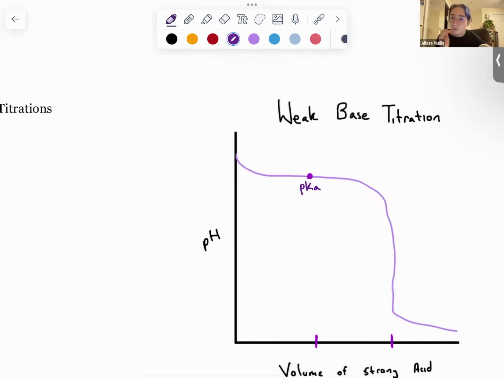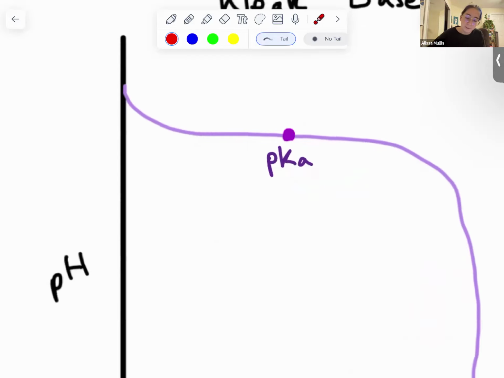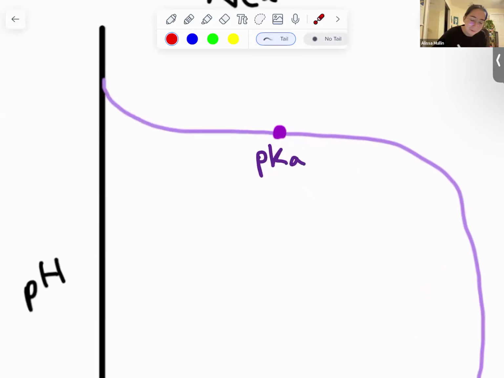Okay, just from Henderson-Hasselbalch, because usually what we're graphing here is the pH. pH is equal to pKa when we're at half the equivalence volume. And I feel like that's kind of hard for some of us to think about, especially when we're starting to think about acids versus bases, conjugate acid, conjugate base, like how do those behave? But I'm hoping we can clarify that.